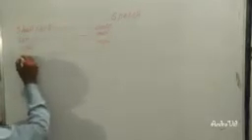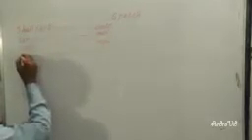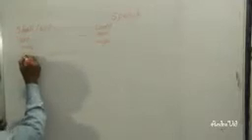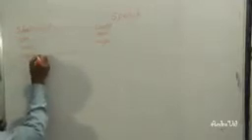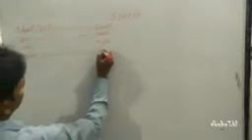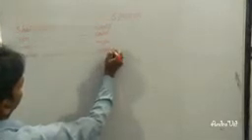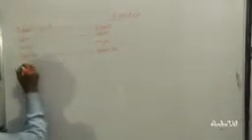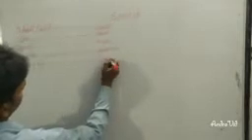If you have can be, you will have to write could be. If you have maybe, you will have to write might be.